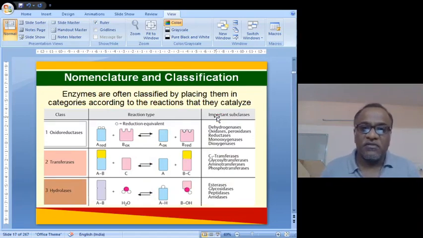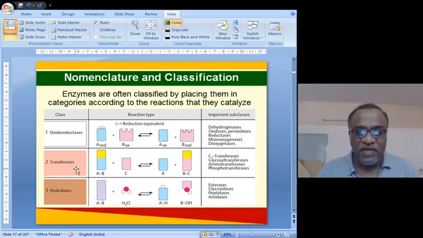Now moving to the next issue, that is nomenclature and classification of the enzymes. Enzymes are often classified by placing them in categories according to the reactions they catalyze. We have oxidoreductases. The important subclasses of this class are the dehydrogenases, oxidases, peroxidases, reductases, monooxygenases, dioxygenases.